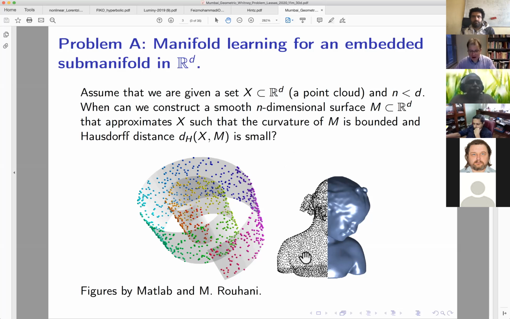For instance, here in Finland, we use this for laser imaging of forests, where by using laser we find lots of dots on surfaces of trees, and then we want to model the trees and the forests. And typically, in most applications, this D is a very large dimensional space. So this is the first type of problems that we consider.